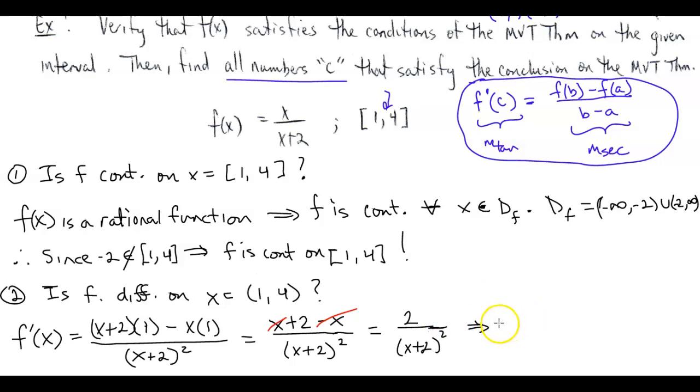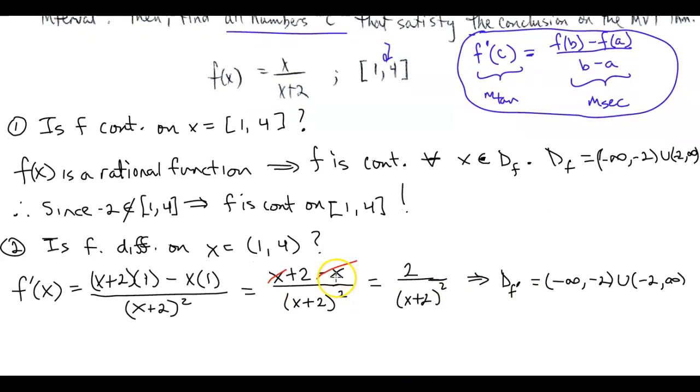And this implies that the domain of the derivative is also going to be all real numbers except for -2. And again, we know that because if I plug in a -2 in the denominator here, that will be the only number that will make my denominator go to 0. And thus, we would have an undefined term there.